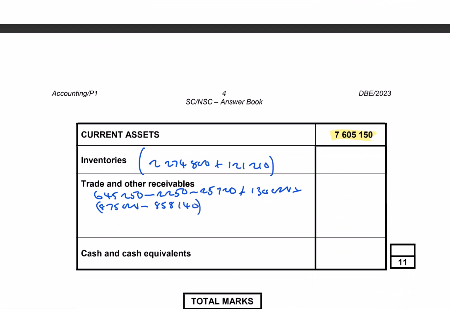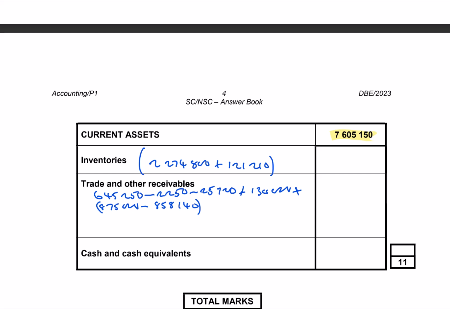Of course, what happened is total payments for SARS provisional payments were 875,000, but the actual tax calculated was 858,140. So when that happens, you paid more provisions than the actual tax. So that means SARS owes you.